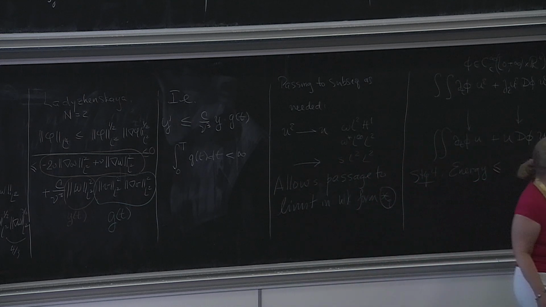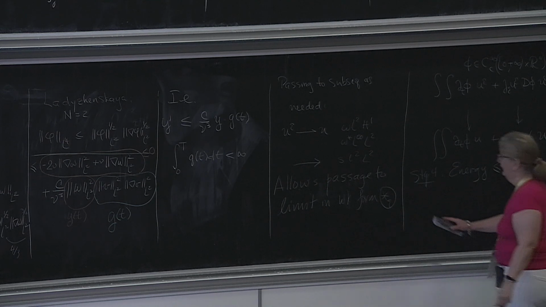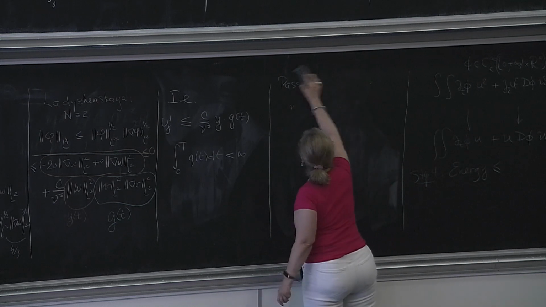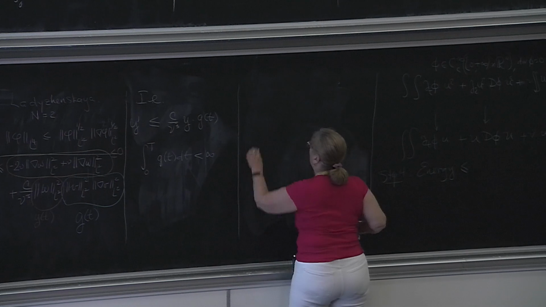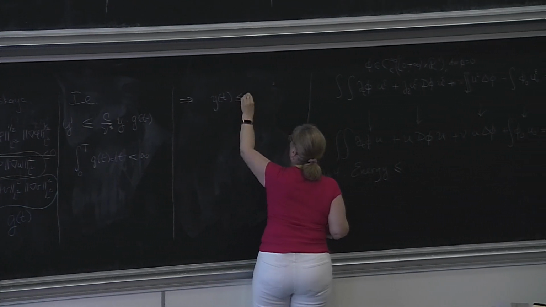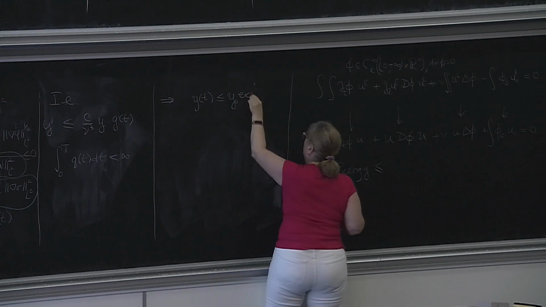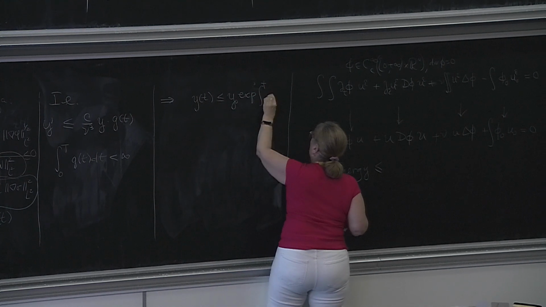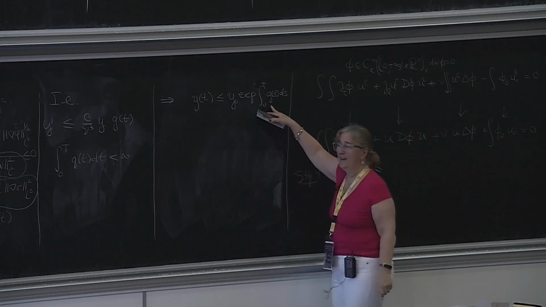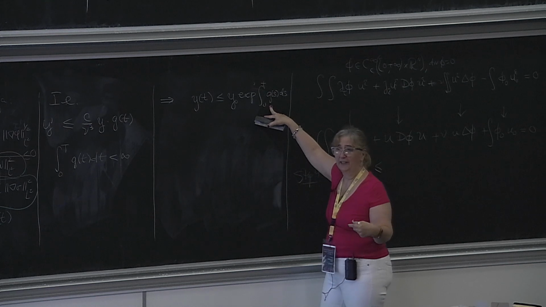So here you can use the Gronwall inequality straight up and get y of t is less than or equal to y naught times the exponential of the integral of g. Okay, this is a finite number because v is L infinity L2 and L2 H1.